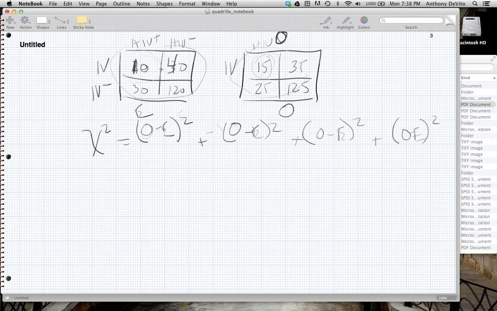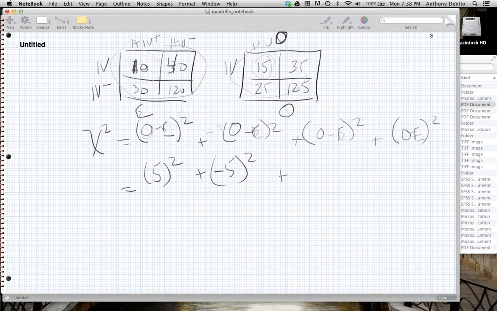So for that box right there, this value is equal to 15 minus 10 is 5 squared, right? Plus, I'm going to go to the next box. Next box is 35, right? Minus 40 is negative 5, negative 5 squared.